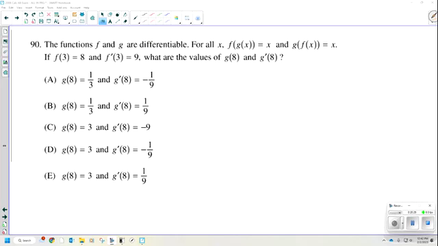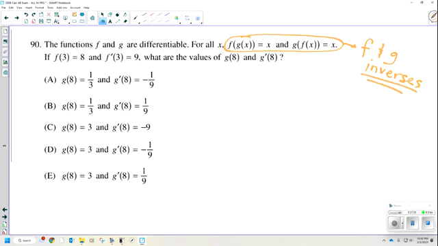Number 90. We have 90, 91, and 92, and we're done. Number 90 reads, the functions f and g are differentiable. For all of x, f of g of x equals x, and g of f of x equals x. This is just a funky way, without using the -1 notation, of saying that f and g are inverses of each other.